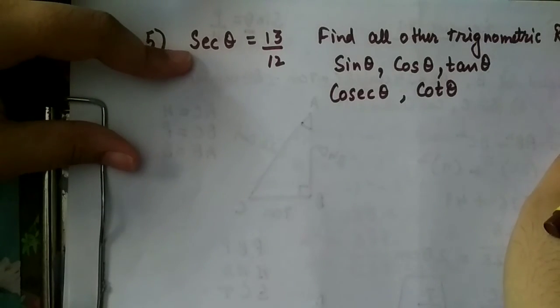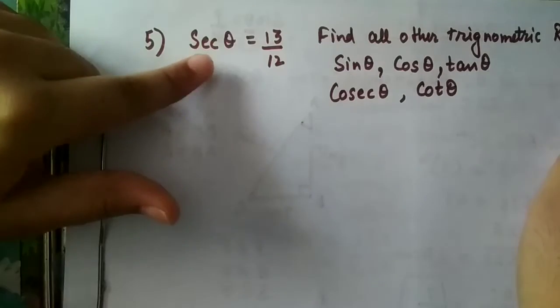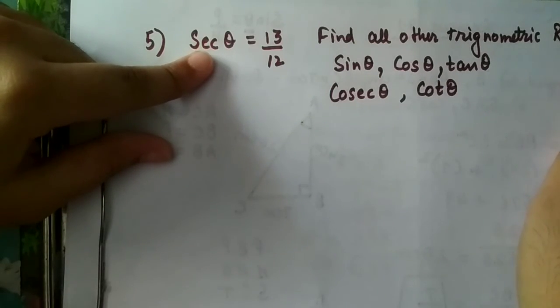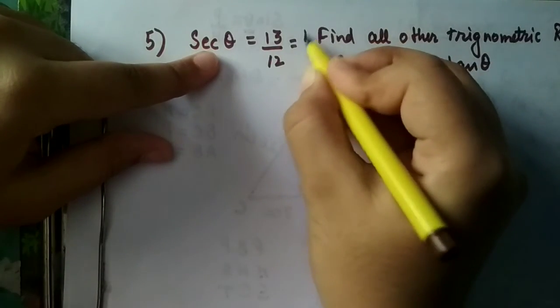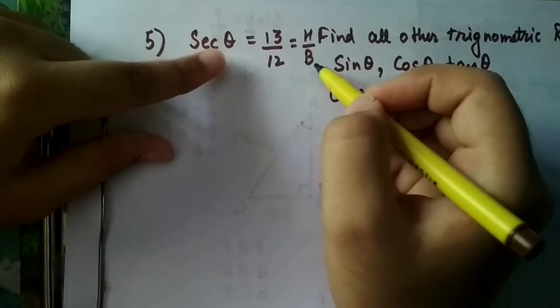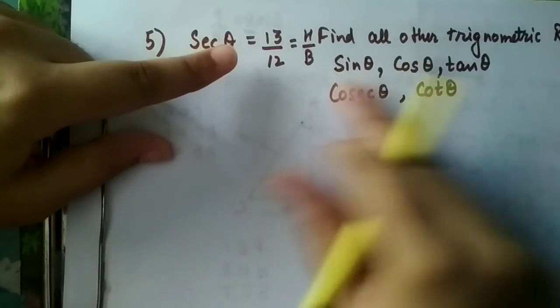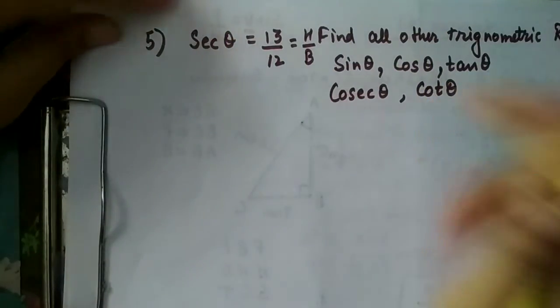We know the formula of all the trigonometric ratios, and we know that secant is reciprocal of cos. If cos is base upon hypotenuse, so secant is hypotenuse upon base. So we have the length of hypotenuse, we have the length of base. First of all, we will find the length of perpendicular, and then we can find all the other trigonometric ratios.